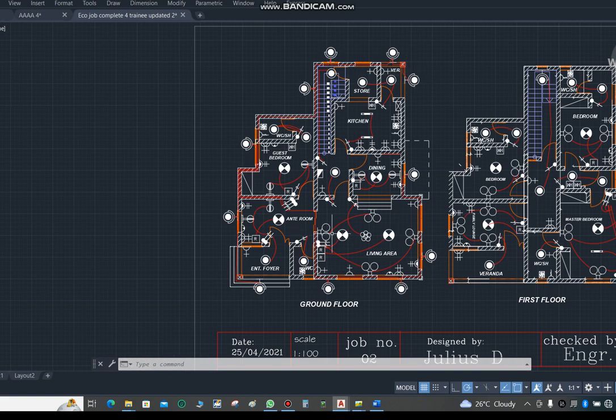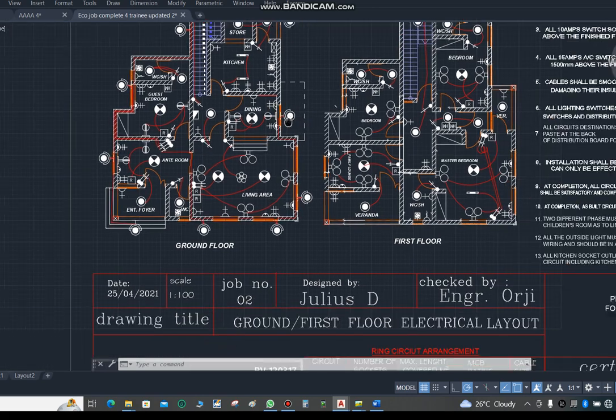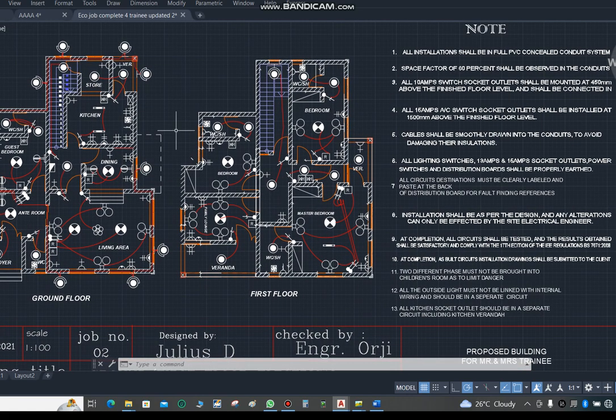So you calculate them and determine how many watts we have in total in this particular floor plan. Then divide them by the circuit to segregate the circuits. For instance, if I have 4 circuits in total for lighting points, I will keep that aside. I also determine my ring circuits. That is the second step.